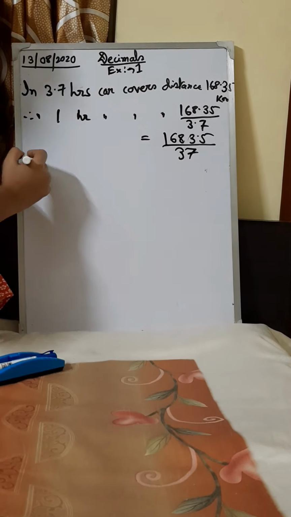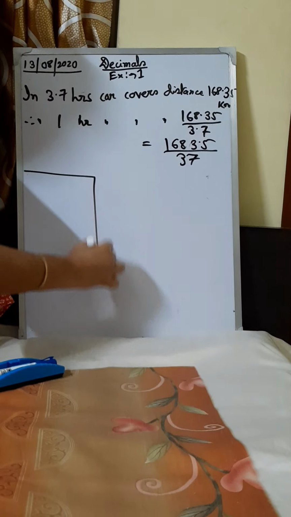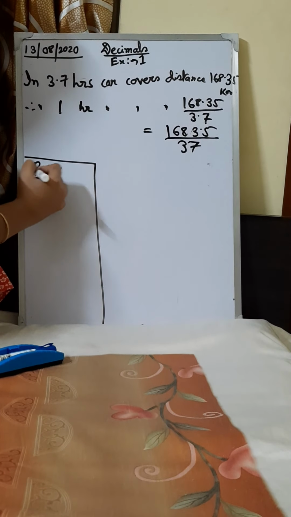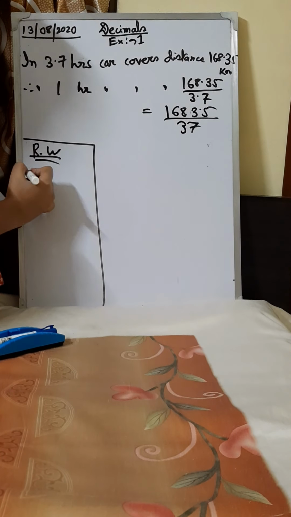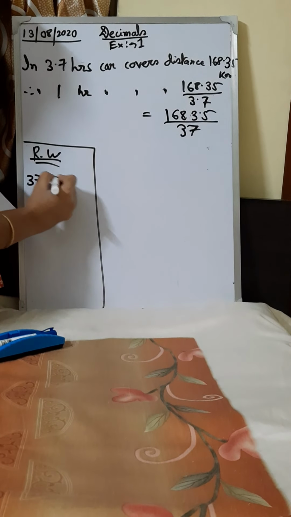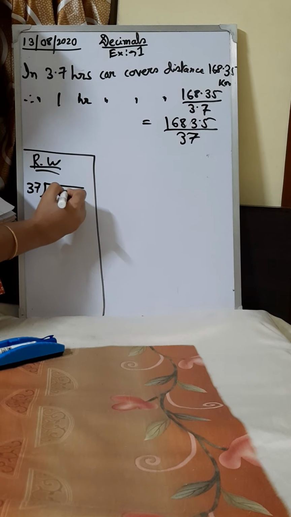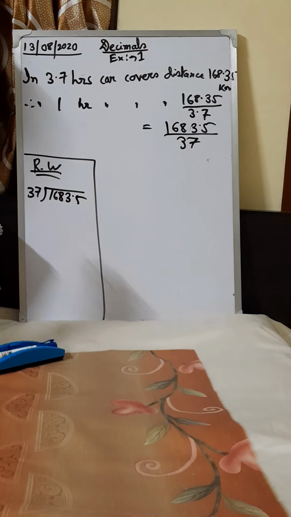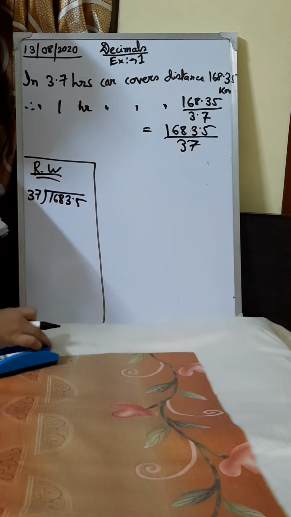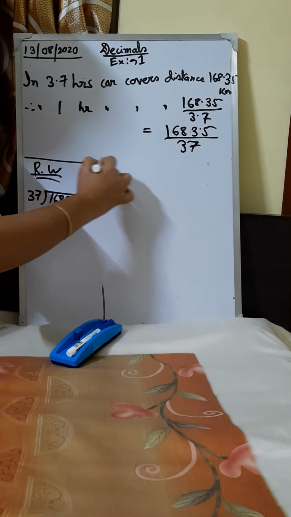So now I'm showing the division in the rough work. I'll do it here, and you can do it in the right corner of your page. Rough work: 37 divided into 1683.5, right? So this is the rough work space.